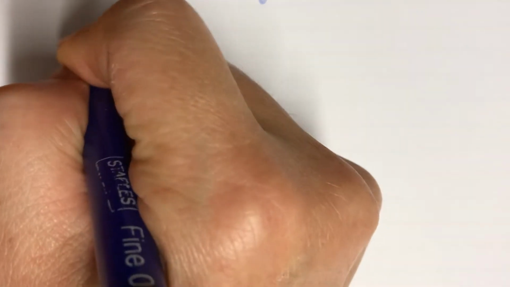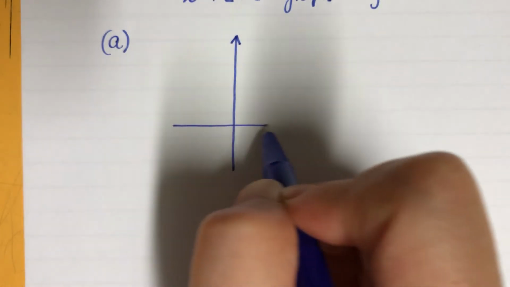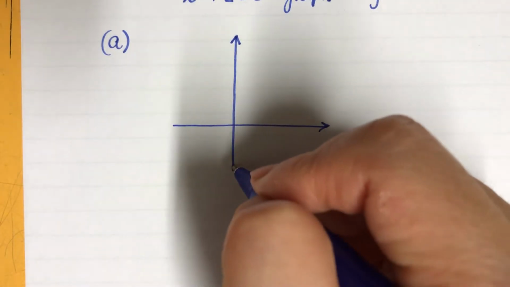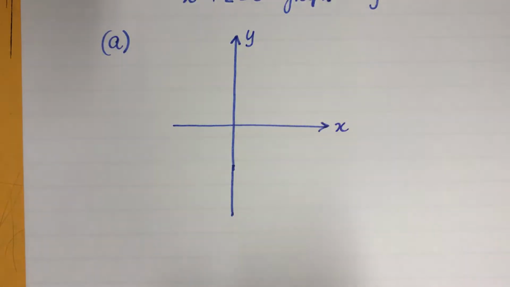So here we go. I'm going to put A here, and it will just be roughly. Now I've done a very rough sketch here, but I'm hoping you will use a ruler and scale it properly, and it looks much better than what I'm doing right now.